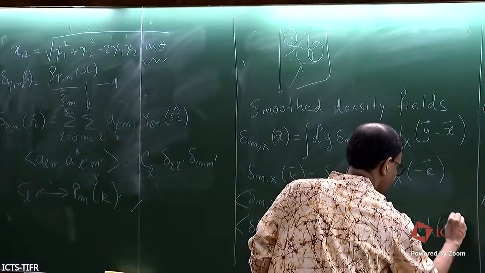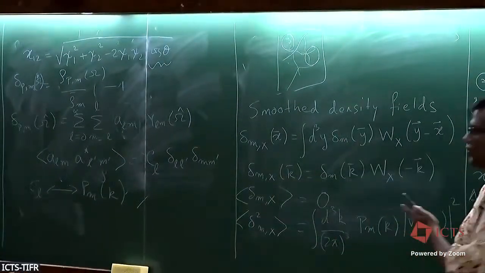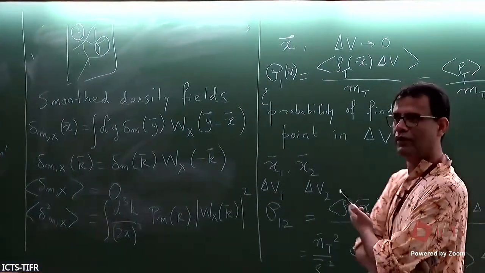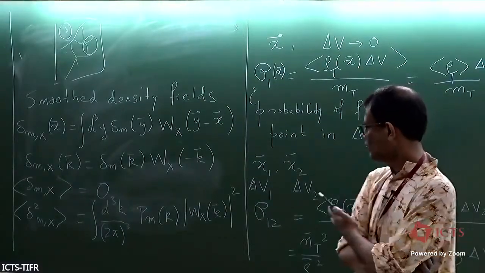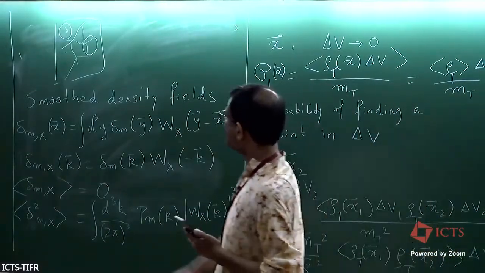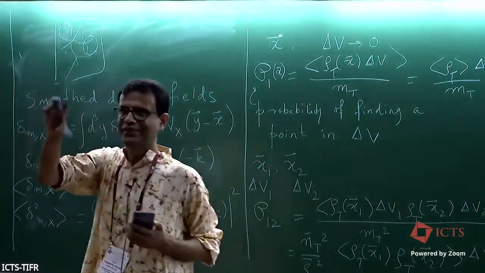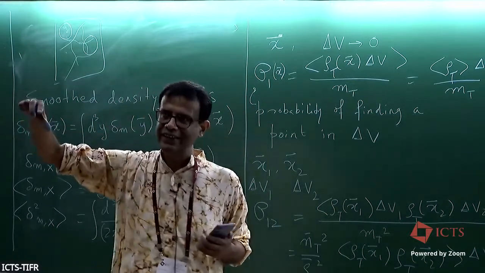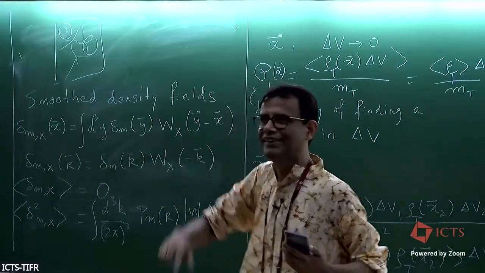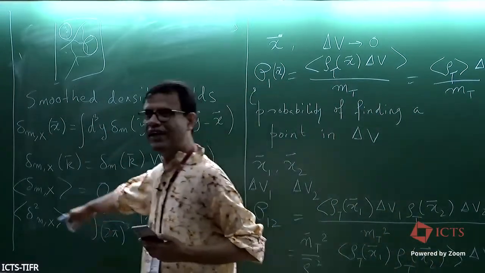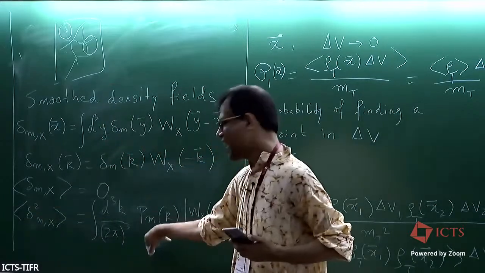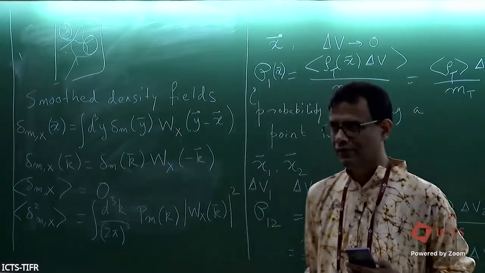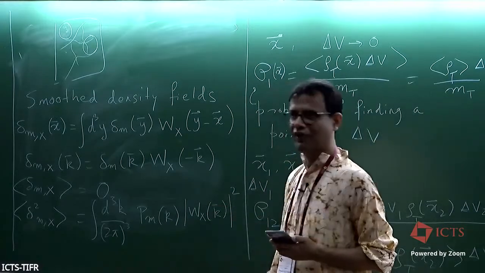times the window function's Fourier transform mod squared. So what this is saying is that if I go and put this smoothing filter and do the measurements again and again in different realizations, which in our case could be different locations in the same realization, the typical variance I get will have the information of the power spectrum, multiplied, of course, by the window function.